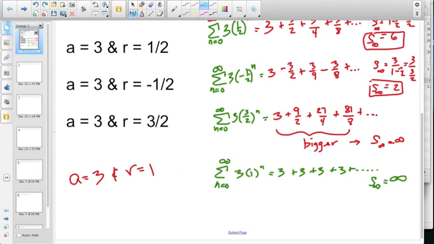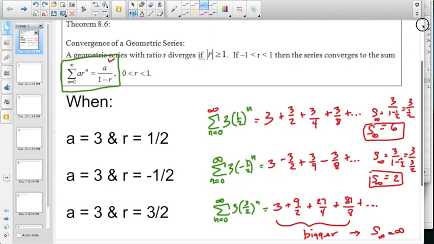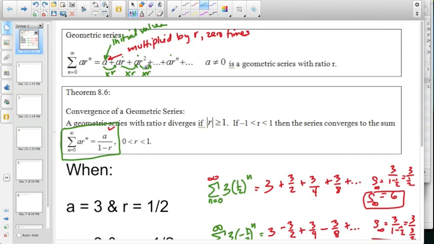So that's why when we look at the definition of what converges and what diverges, the geometric series test will tell you that as long as we are between -1 and 1, we're going to have convergence here.